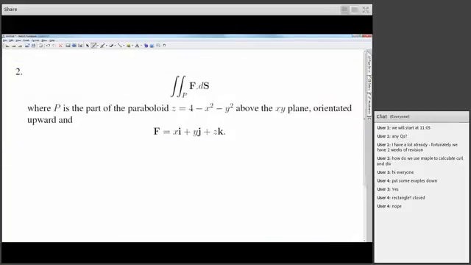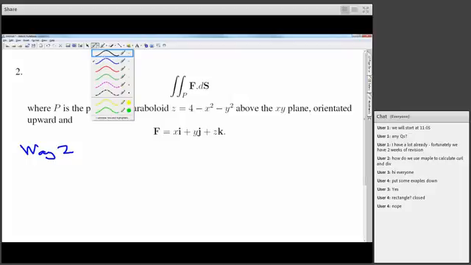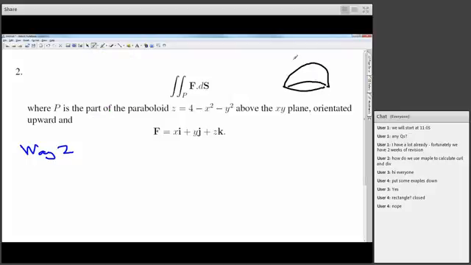So this is the second way. This is the advanced technique. We've got our paraboloid, that's our P on the top. One option is, again, to have a D on the bottom, but we're just going to put a disk that we're going to insert on the bottom.